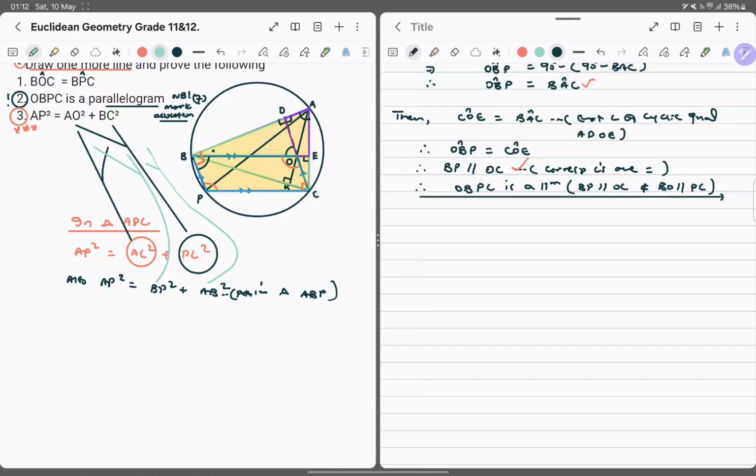But I don't know. There's a lot, man. So let's see. BP squared is going to be this minus AB squared. And then AB squared is AE minus BE squared.